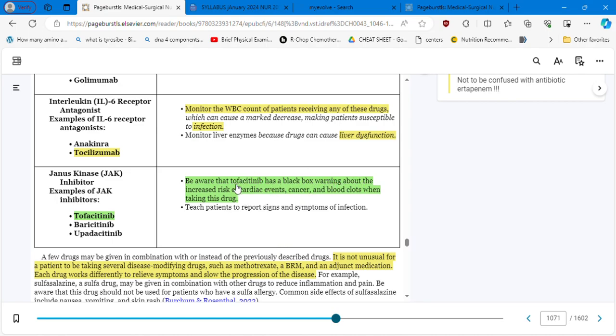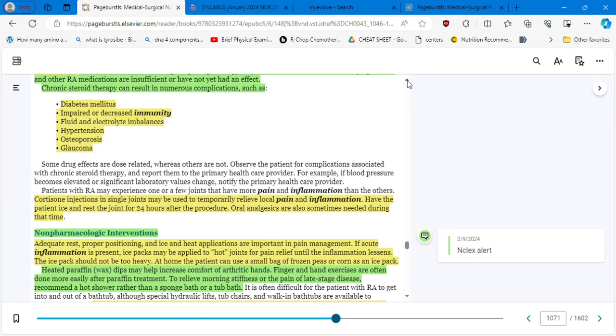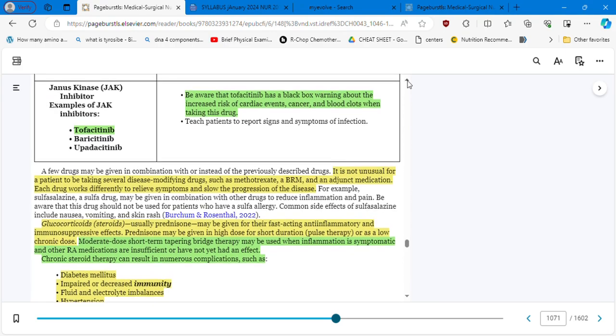That's why I highlighted this paragraph in green about the increased risk for cardiac events, cancer, and blood clots when taking this drug. Okay, so nurses, if you are going to work with a rheumatologist, or maybe in a clinic that handles functional medicine, or a clinic with autoimmune conditions, and you're going to be giving these medications IV, you need to know this.